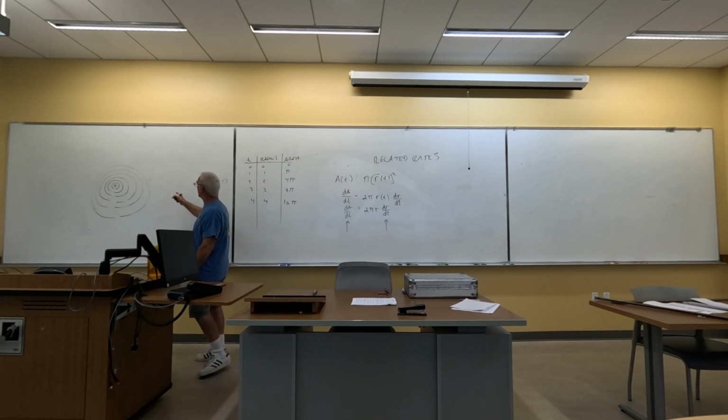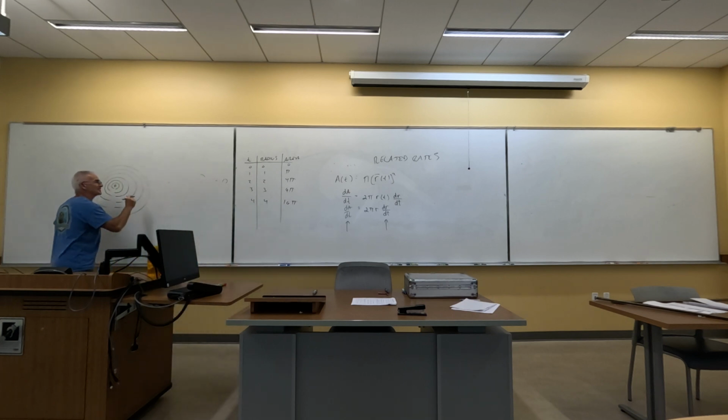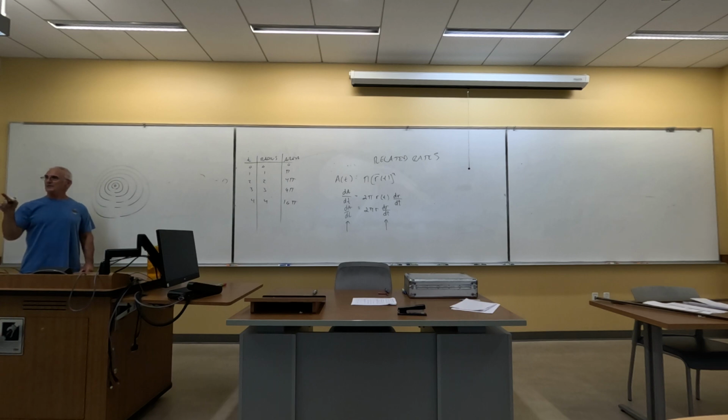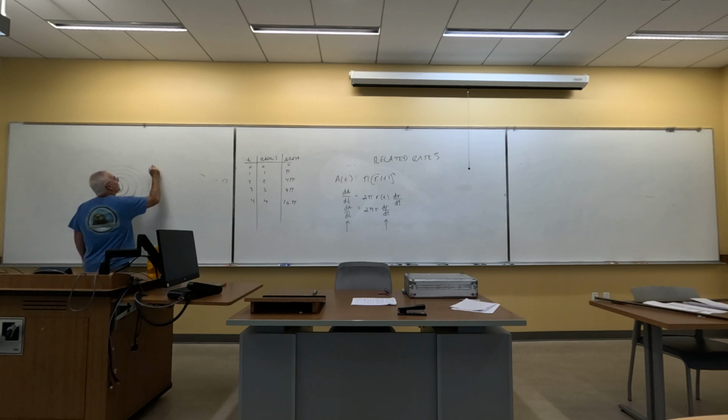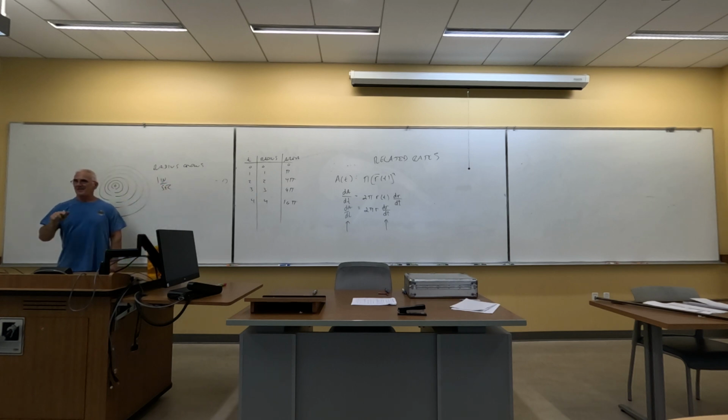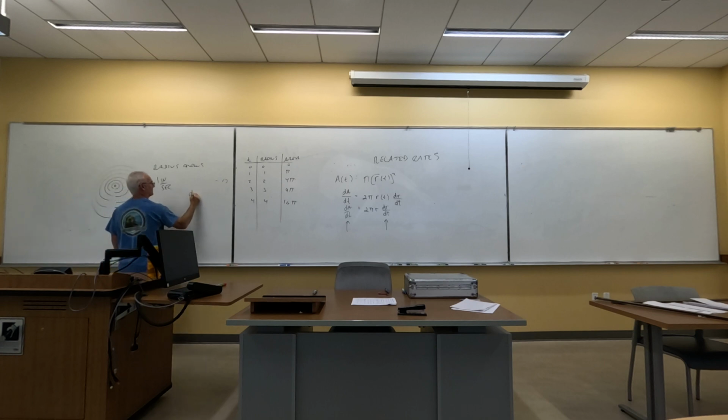So in this problem here, how did I start? I said your radius was growing at a rate of 1 inch per second. Isn't that how we started? So the radius grows 1 inch per second. Isn't that a rate? That's dr dt.